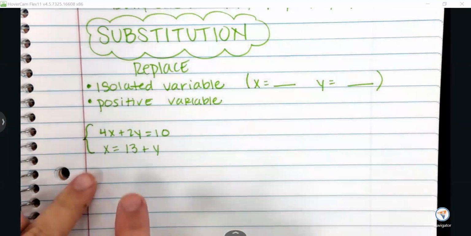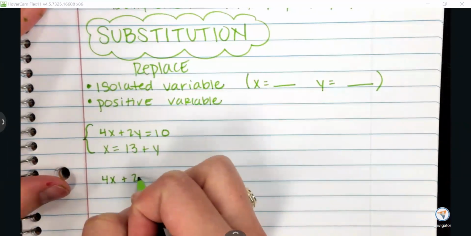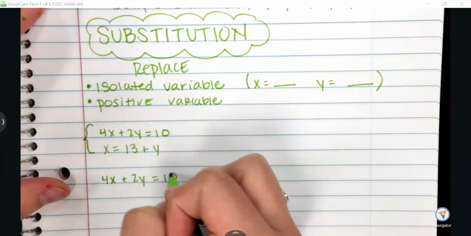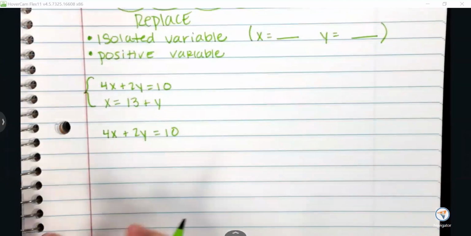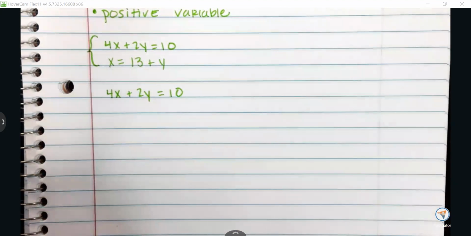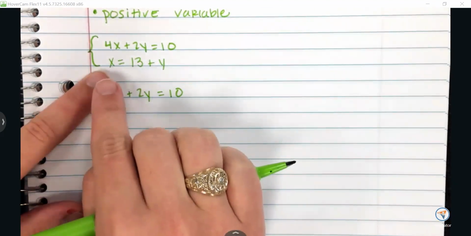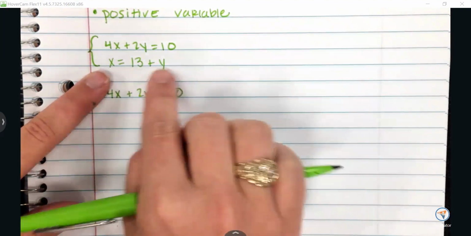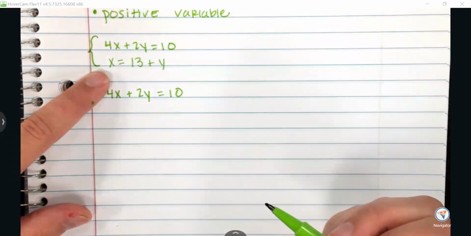So I am going to use my first equation, 4x plus 2y equals 10. And I'm going to take a letter out. What letter am I taking out? I'm taking out x. How do I know to take out x? Because I know what x equals. What does x equal? 13 plus y.